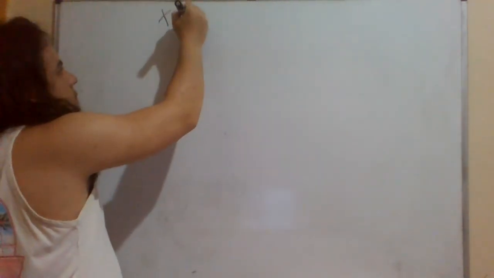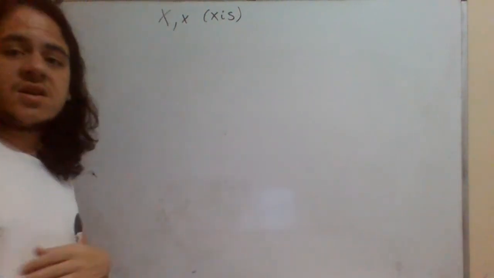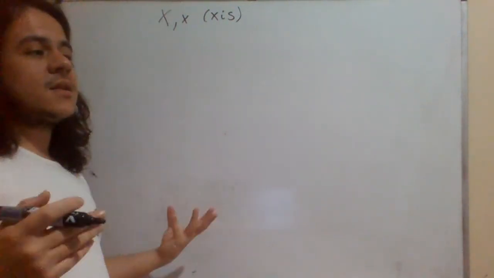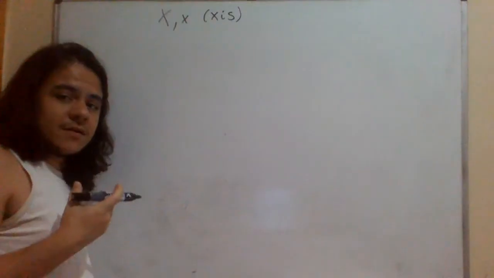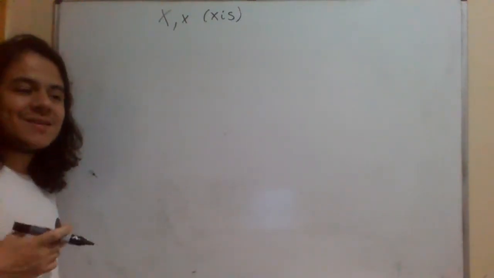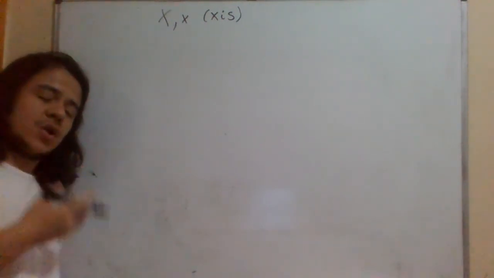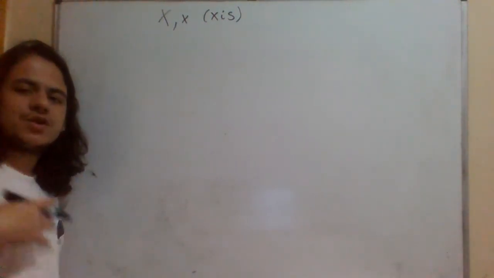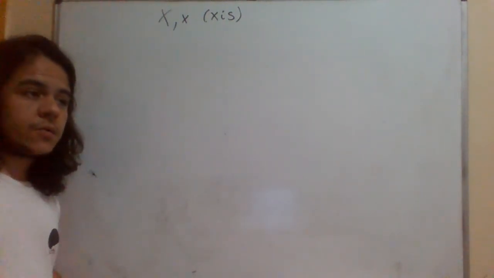Next letter, letter X. In Portuguese, we say X. Letter X can have different sounds. It's not an easy letter in Portuguese. What I mean is, we must know the word previously to know how to pronounce it correctly.